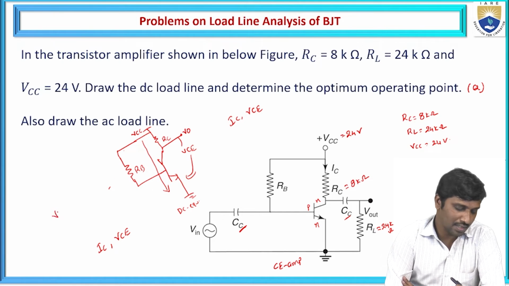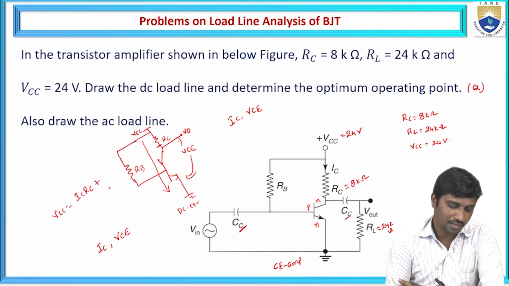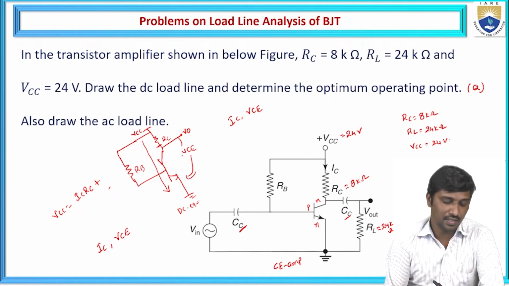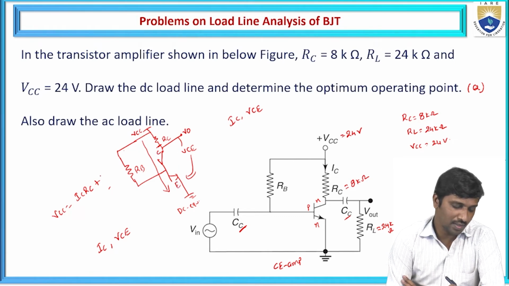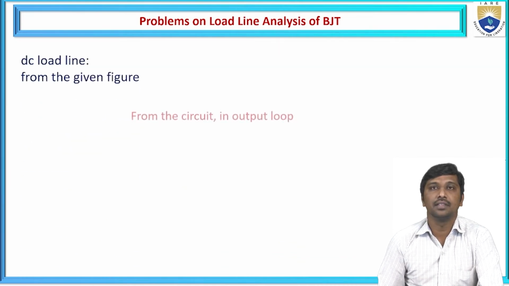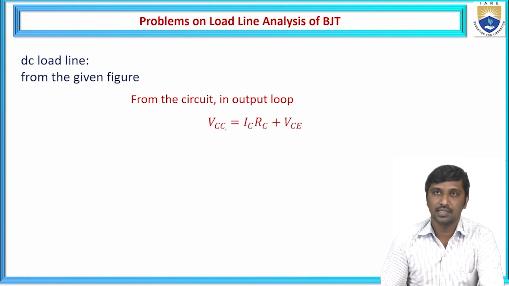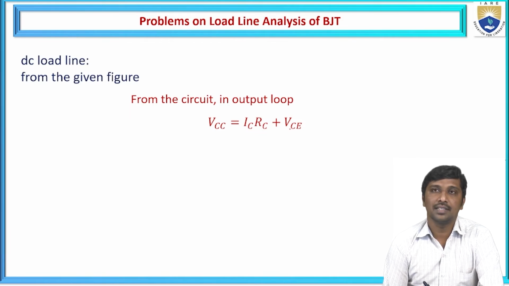VCC is equal to the voltage drop across the collector resistance, represented as IC times RC, plus the potential difference between the collector terminal and emitter terminal, represented as VCE.